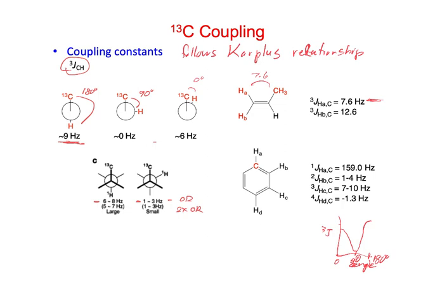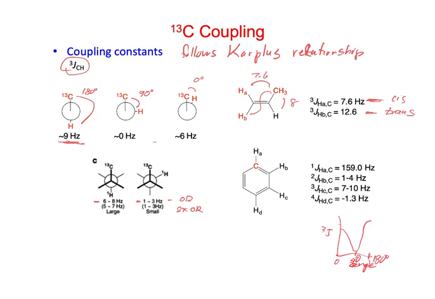So cis, and if they're trans, more like 12.6. So for the proton carbon coupling, I think this is only 2 bonds, but this was about 8 hertz.